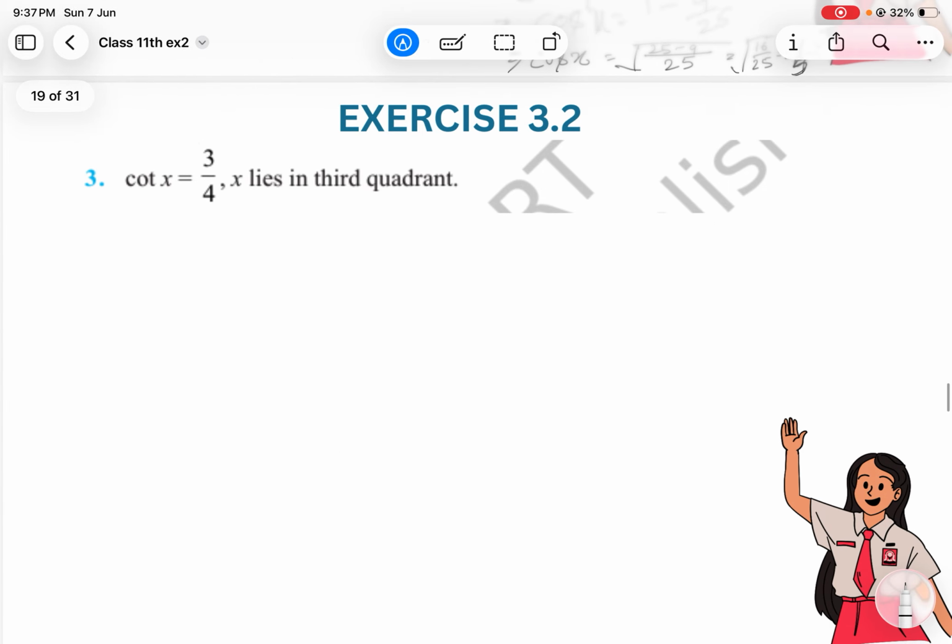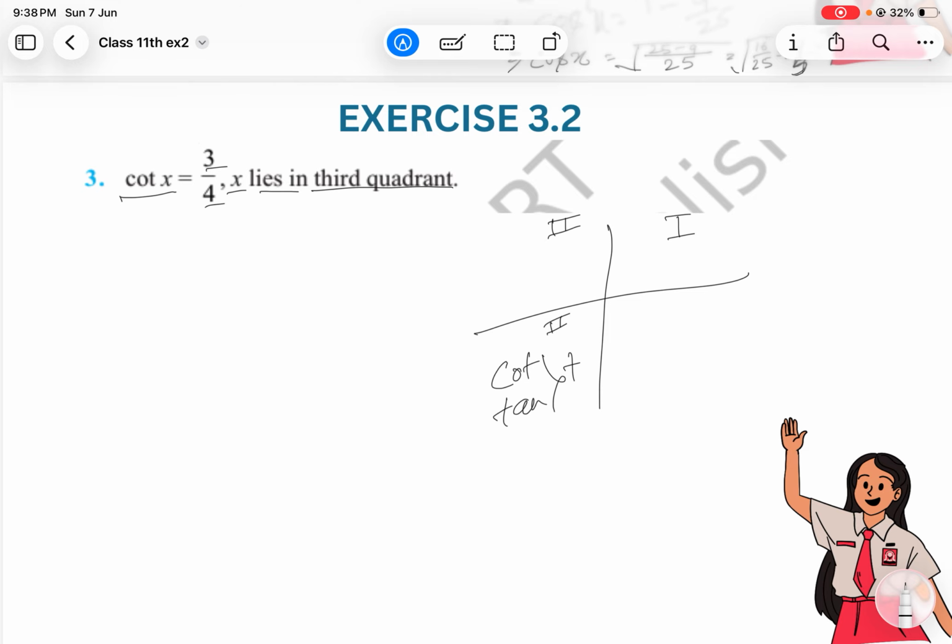Now the third question, cot x is 3 by 4. x lies in the third quadrant, okay? So this is the first, second, third. In the third we have tan and cot that are positive. So we will now make a triangle here. This is x, this is perpendicular, A, B and C, right? So cot x is base by hypotenuse, right?